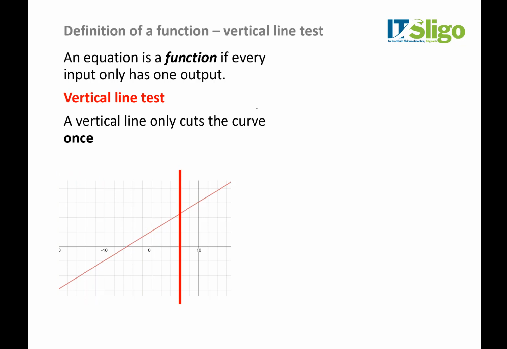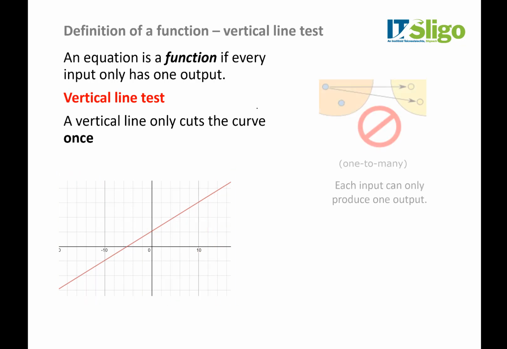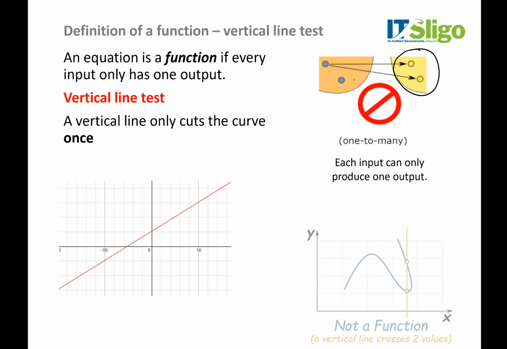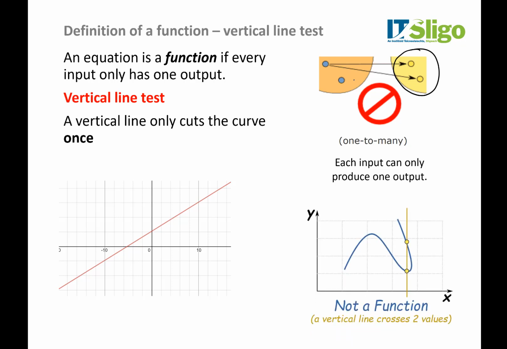So we can see here, no matter where the vertical line passes, the curve only cuts it once. So each input can only produce one output. It can't produce several. If it produces several, then we're not dealing with a function. And if you can draw a vertical line and it crosses the curve in two places, then it's not a function. So those are the definitions of a function.